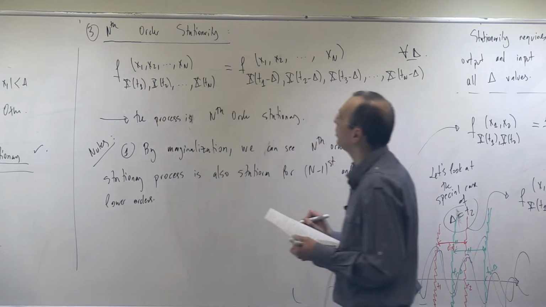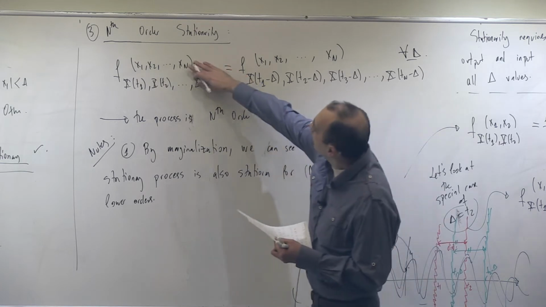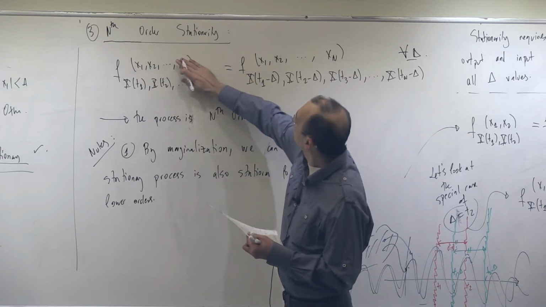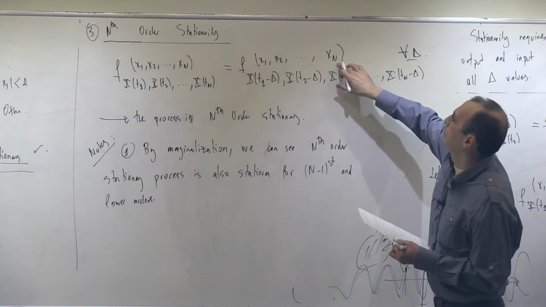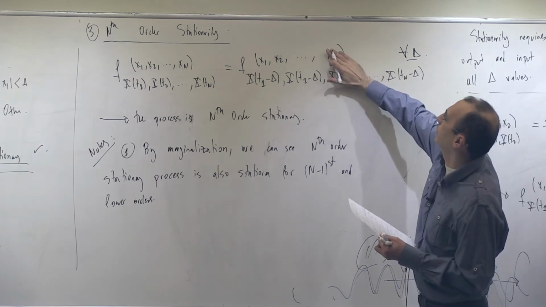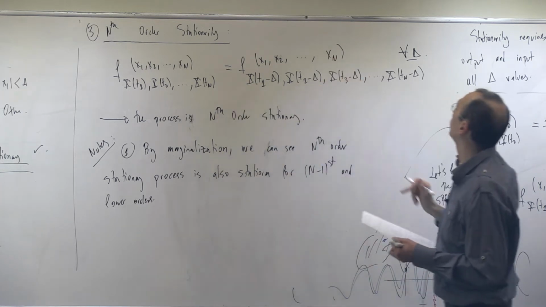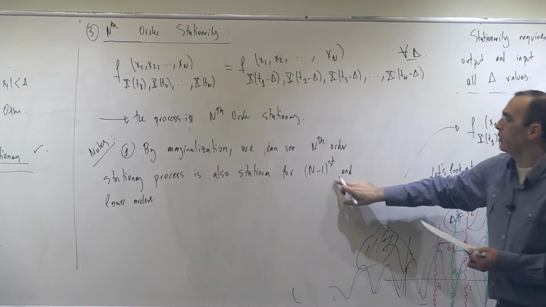This is very easy to see because if I integrate this x of n, it disappears. Then I integrate it also disappears on the right hand side. So you have the definition for n minus first order stationarity.